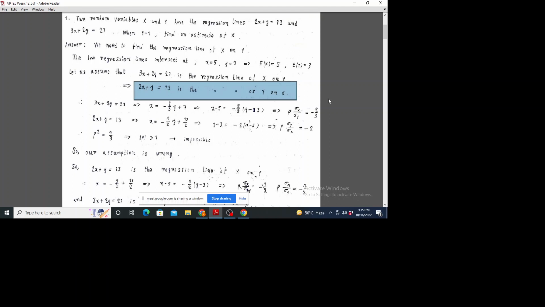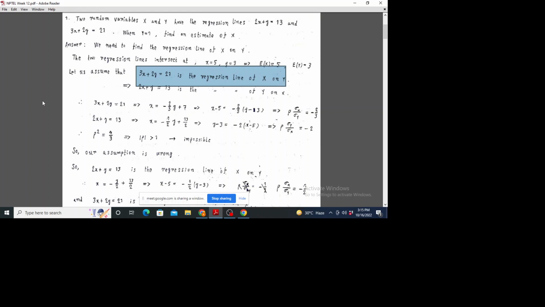Now we have to check whether this assumption is feasible or not. If it is feasible, then our assumption is correct. If it is not, then the reverse will be correct. So let us see how to check whether the assumption is right or wrong. We have assumed that 3x plus 2y equal to 21 is the regression line of x on y.